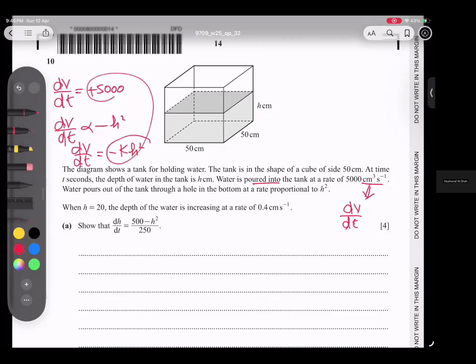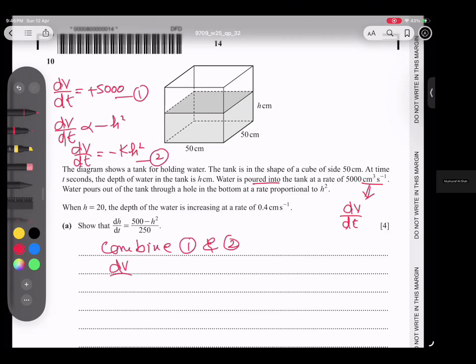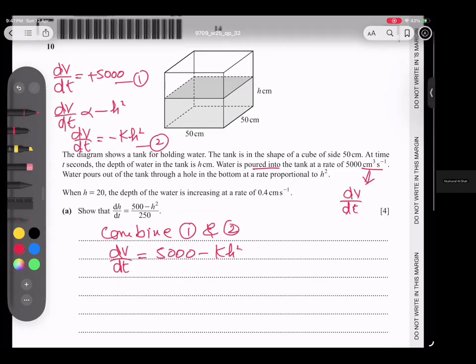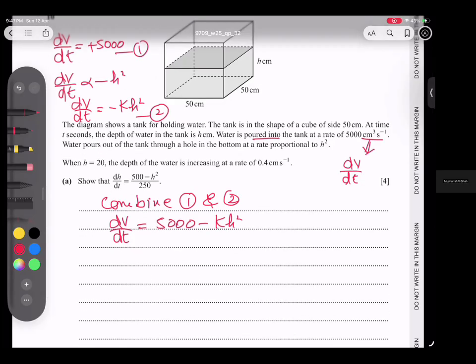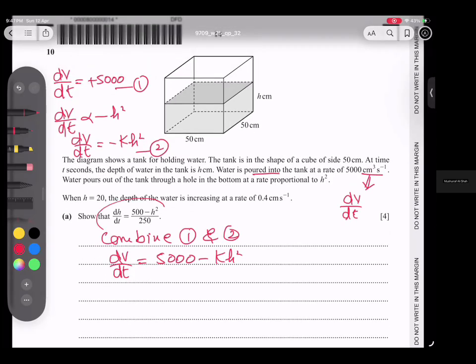Combining equation 1 and equation 2, we get dV/dt equals 5,000 minus kh squared. Clear? Further, we have to prove this connection.